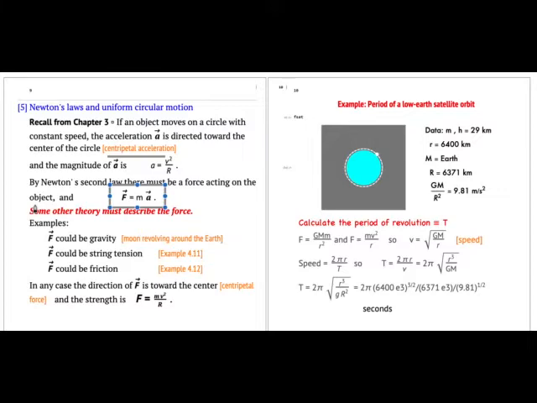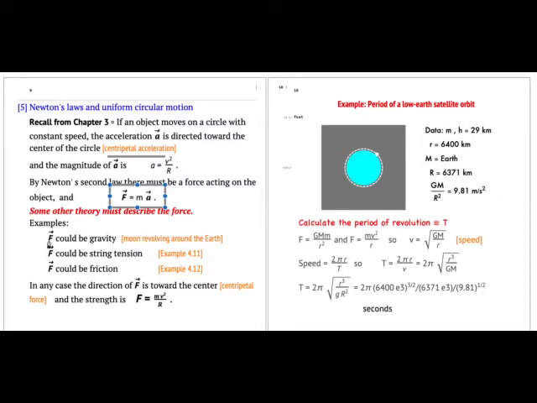If there's an acceleration, there must be a net force. Now, we understand the acceleration. It's v squared over r. You know what v is. That's the speed, the circumference of the circle divided by the period of revolution. So we know what a is. But some other theory has to tell us what F is.